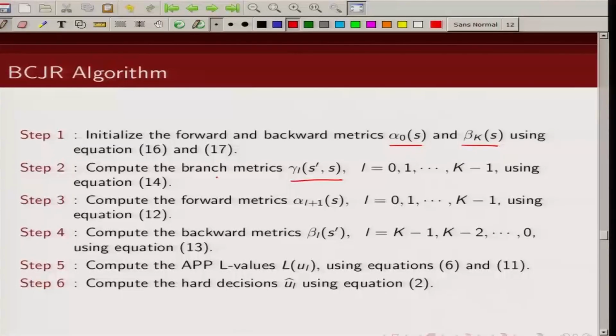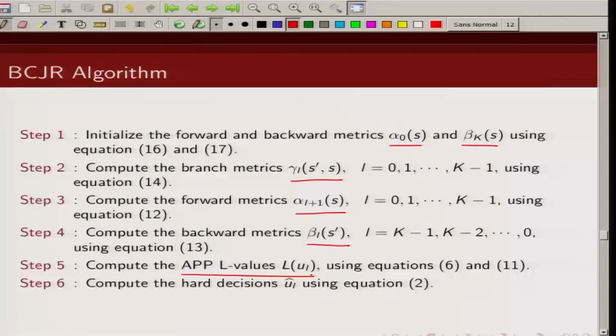The third step is, once I have computed the branch matrix gamma, I will compute the values of alpha using forward recursion, and the values of beta using backward recursion. Once I have alpha, beta and gamma, I can compute the a posteriori probability, because I have shown that it is basically a product of these three terms.